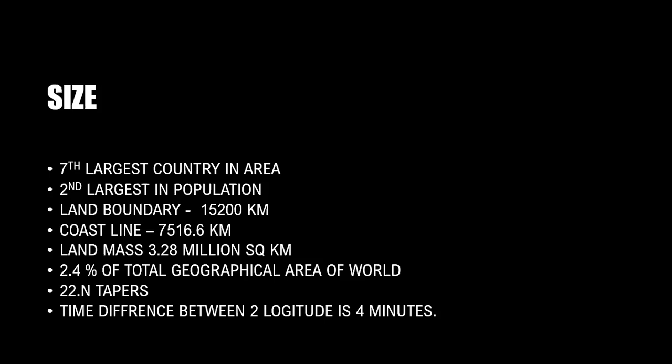So the difference between any two consecutive longitude lines will be 24 into 60 upon 360, because 1 hour equals 60 minutes. So finally, when you do the calculation, you will find out that the difference between two longitudes is 4 minutes only.